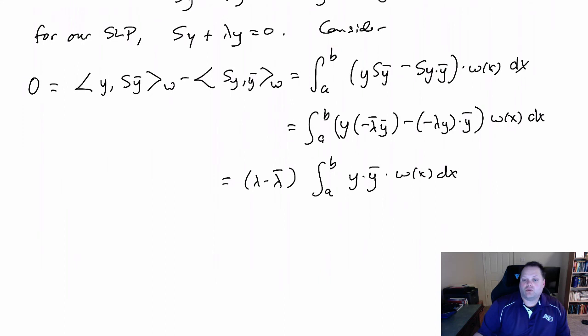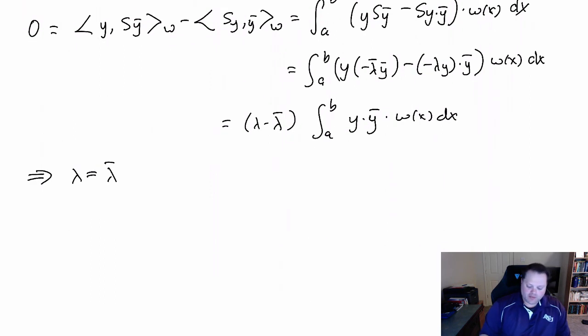Now, here's the thing. We know that both of these are eigenfunctions to the same eigenvalue problem. So the only way that this term is 0 is if both of these are 0, which is crazy. We don't want this to be 0, which means that lambda must equal lambda bar. But if lambda equals lambda bar, what does that mean?